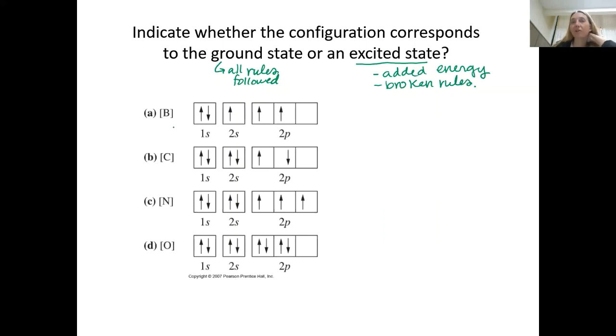Okay, so let's look at this first one. So boron has 1, 2, 3, 4, 5 electrons. Is this one in the ground state or the excited state? Okay, there's a few answers coming in.